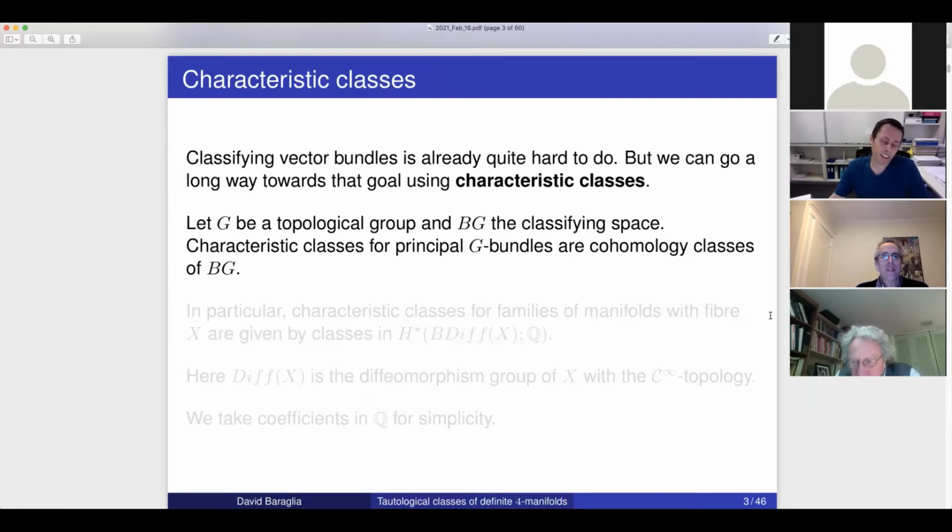For most B's and most X's, it's pretty hard to classify all the families, pretty much impossible.